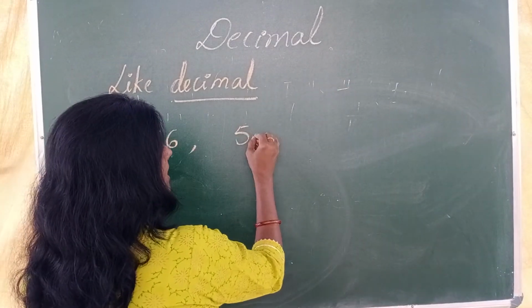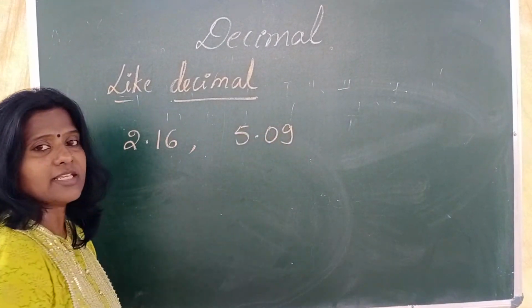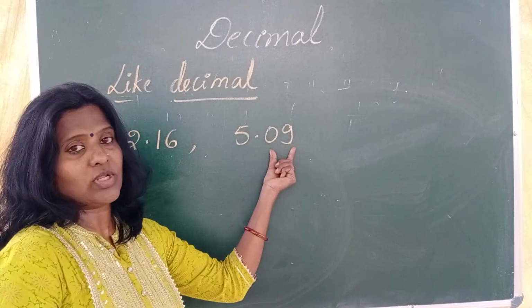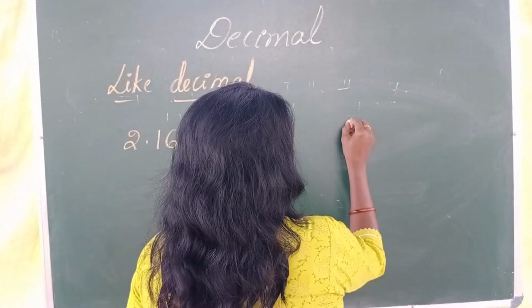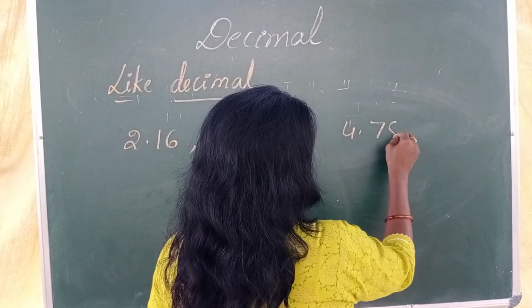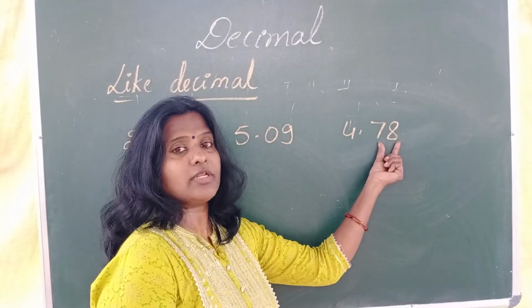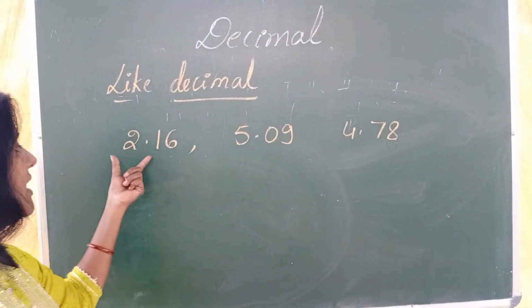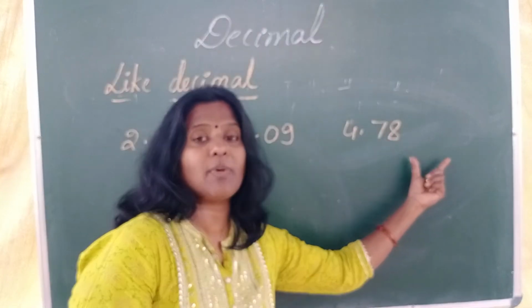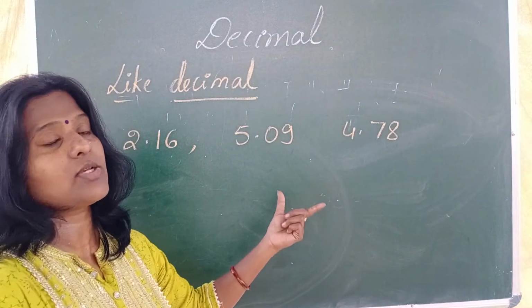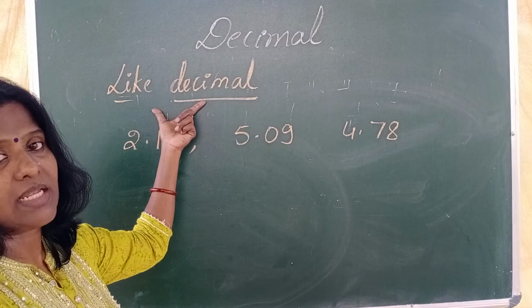Similarly, 5.09: 2 decimal places. 4.78: after the point, 2 decimal places. If they have the same number of decimal places, then they are called like decimals.